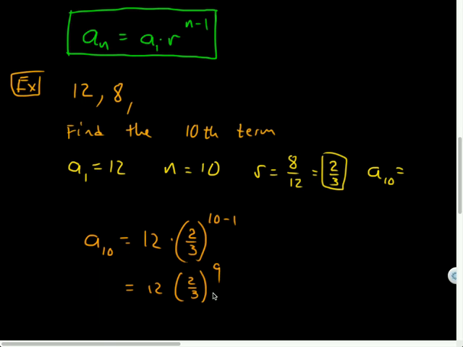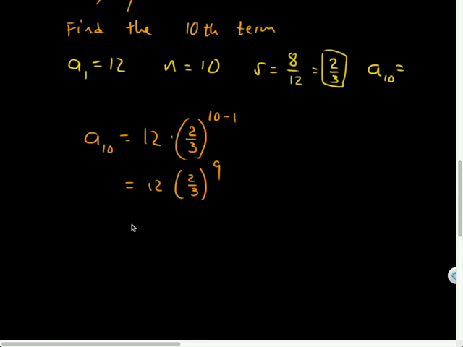Ew, that's disgusting. In order to avoid decimals, this is 12 times, and by the way, I can't cross-cancel this yet because the exponent has to apply first. That's 2 to the 9th over 3 to the 9th.